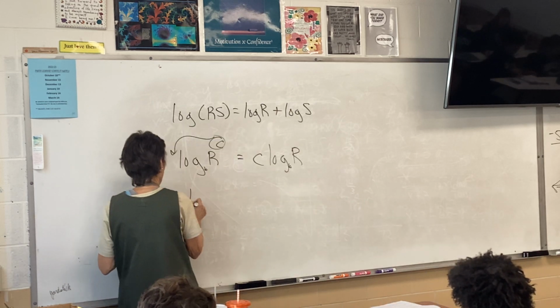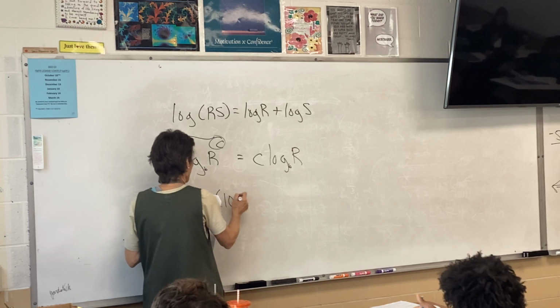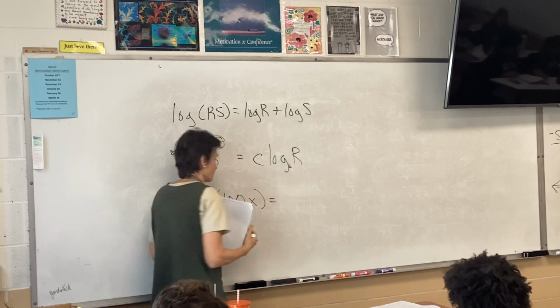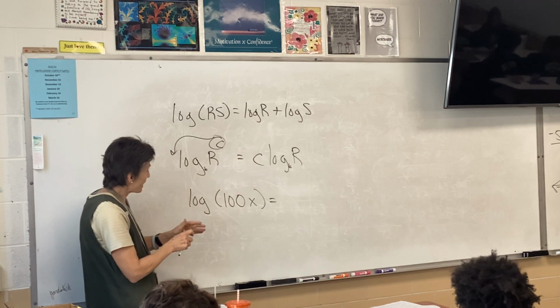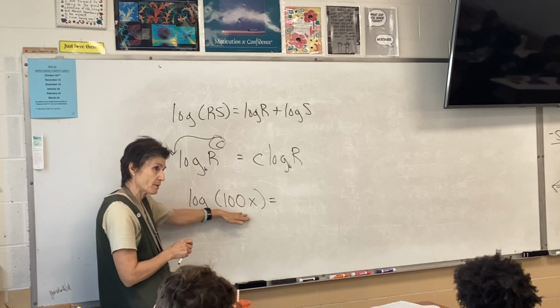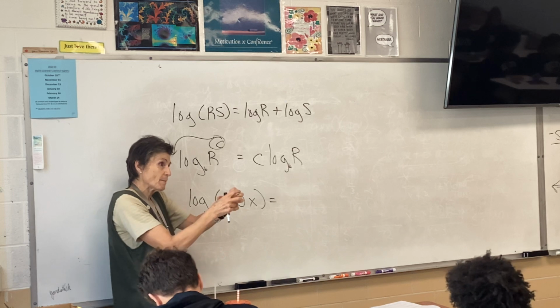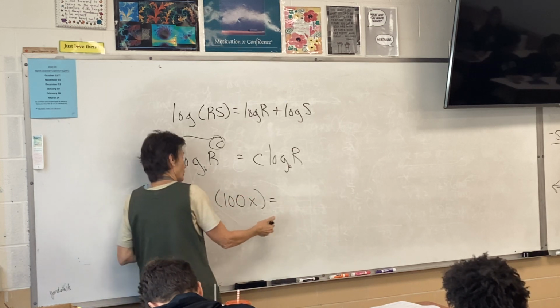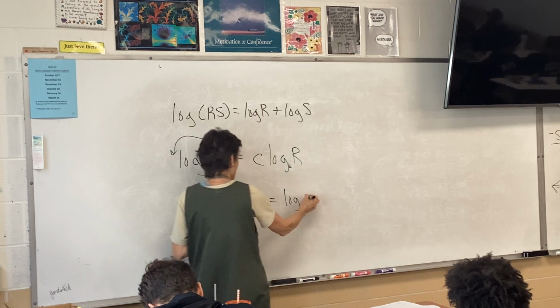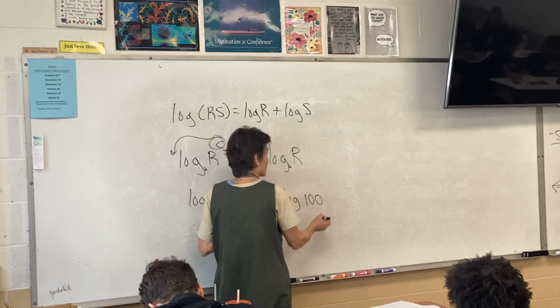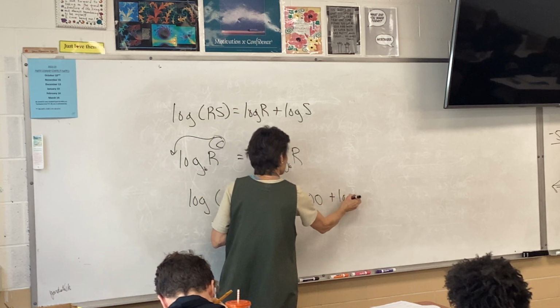Expand the following. The log of 100x. Okay, these guys are being multiplied right here, right? So if I'm gonna expand this, what's that gonna look like? The log of 100 plus the log of x.